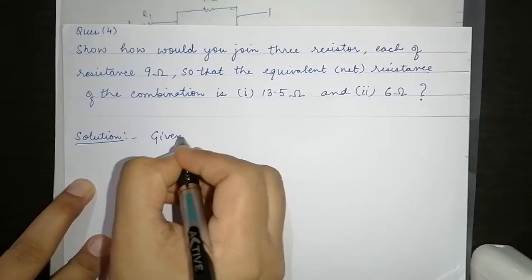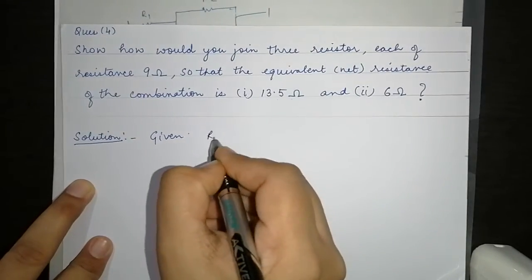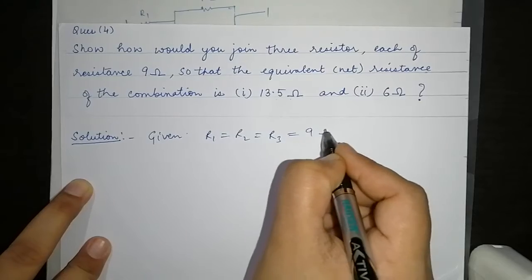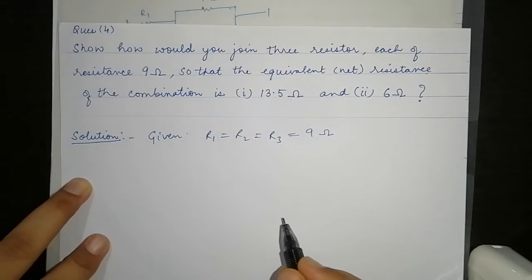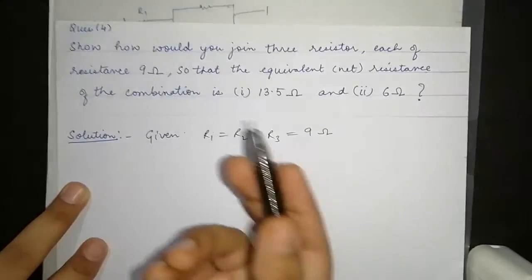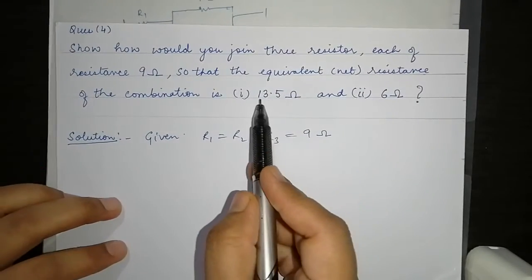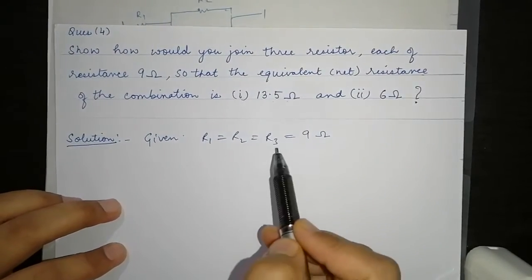What is given? We'll write here, given that R1 is equal to R2 is equal to R3, all the resistances are equal, and it is equal to 9 ohm. Okay. So see students, we need a combination such that the equivalent is 13.5 ohm.